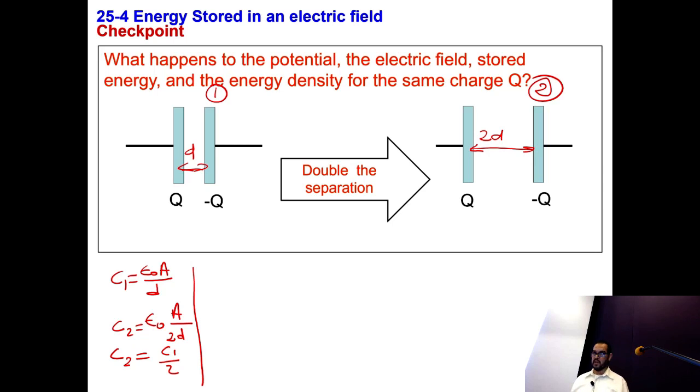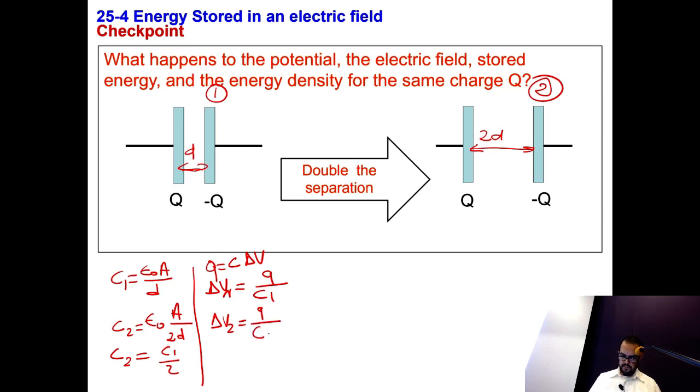Second step, what is the potential? We know that Q is equal to C delta V. So delta V1 is Q divided by C1. And delta V2 for the second capacitor is the same charge, Q, divided by C2.